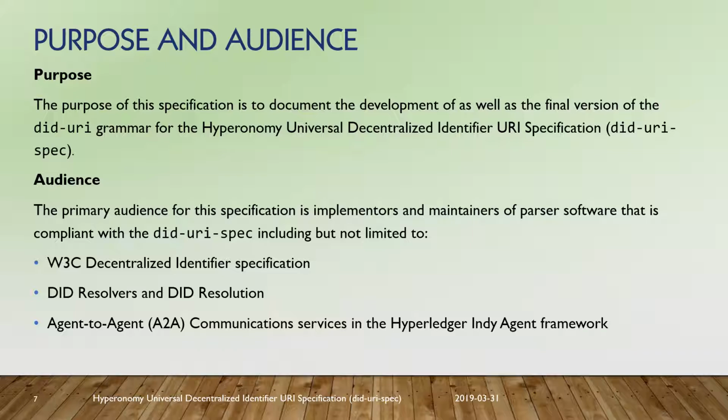And there's a broad range of software that can benefit from using this spec, any software that uses DIDs and needs to be able to parse and act on the understanding created through that parsing process. So we've already highlighted the W3C Decentralized Identifier specification, the DID resolution specification, as well as agent-to-agent communication servers in the Hyperledger Indy Agent framework.